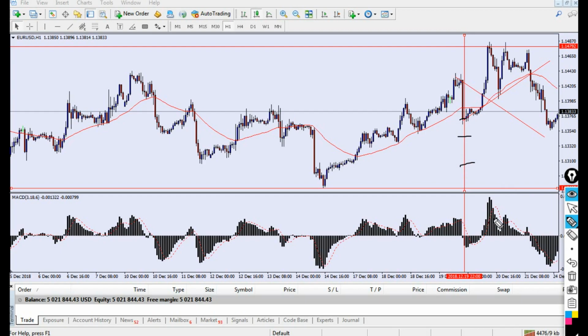So when I see this, yes, it's checked, because you see the market is going down here. When the market goes up here, this part is basically this part on the MACD. You see this part, when the market goes up, this is your confirmation.